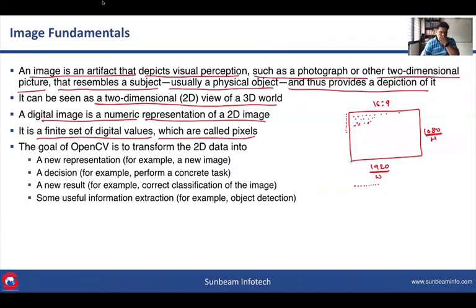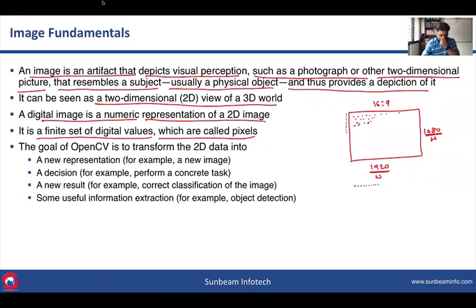So what is an image? An image is made up of multiple values called pixels, and the pixel count will give you the resolution. The more the pixels, the better the quality, the high definition of that image or of the movie you watch. So when we talk about any image or any video, the fundamental is that every single image is made up of pixels.